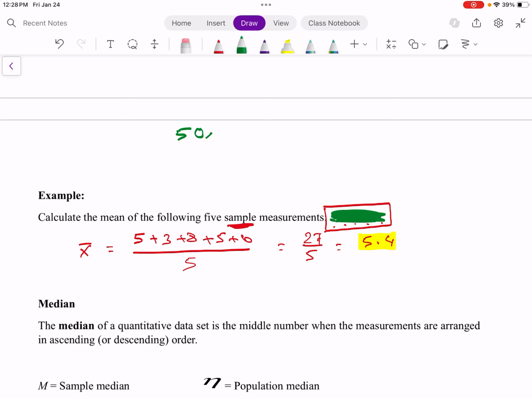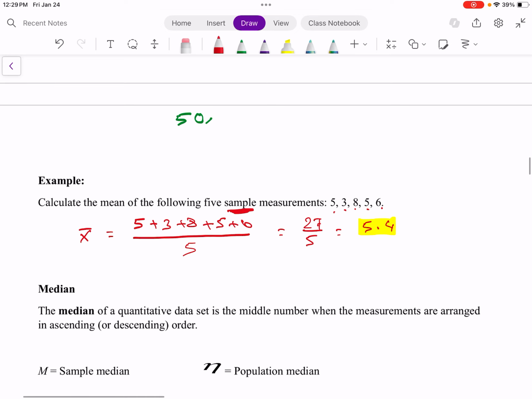But since the data set is always positive, from this mean we can have an idea of those 5 measurements. They are going to be very close to 5.4, like 5.3, or 6, 7. So we can describe our data set with the help of this mean. That's what we are doing here: we are trying to find a number, the mean, and using this mean to describe our data set.